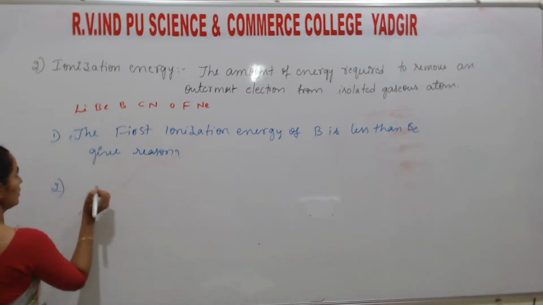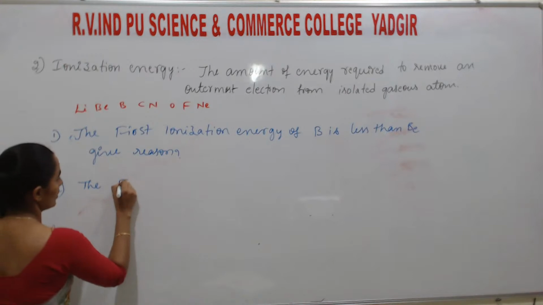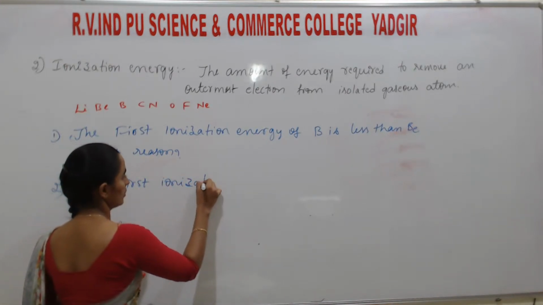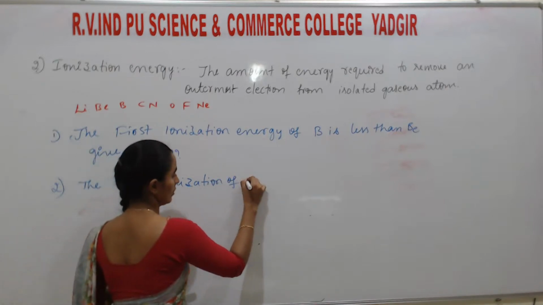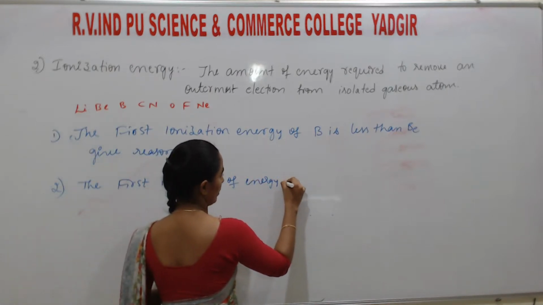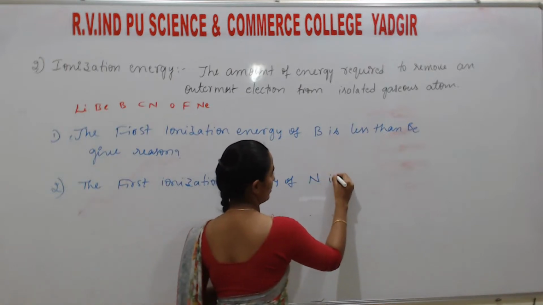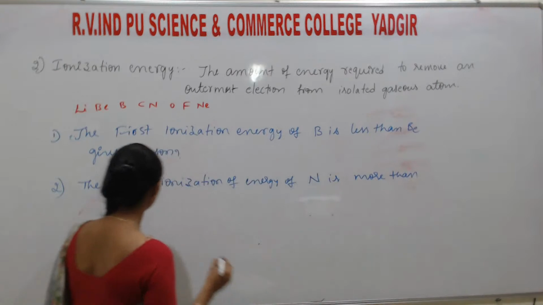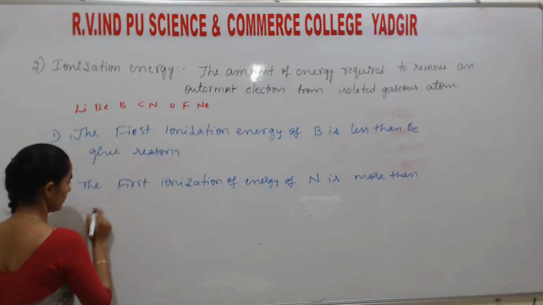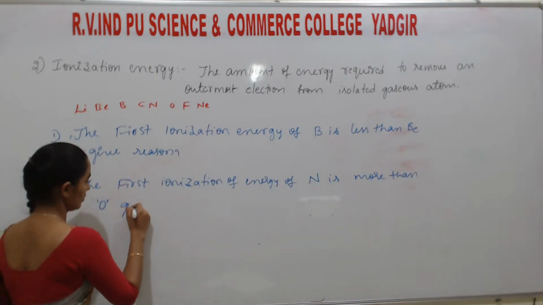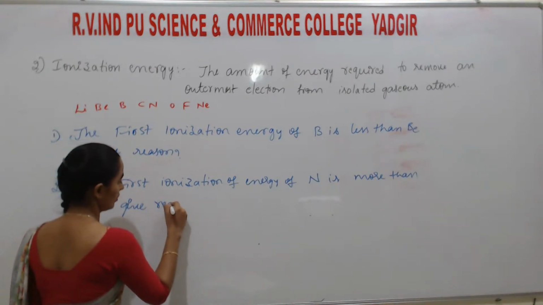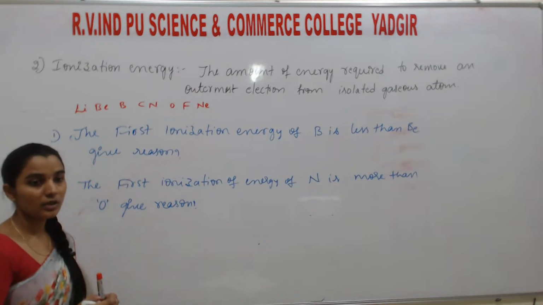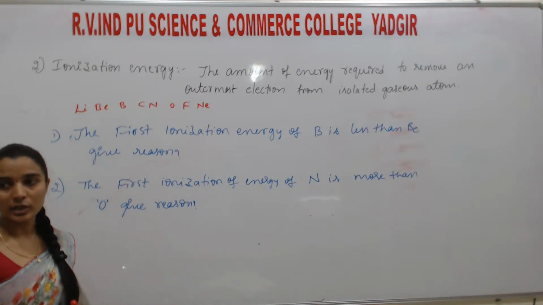Next, second, same. The first ionization energy of nitrogen is more than oxygen. Give reason. Either they have increase in energy or decrease in energy.